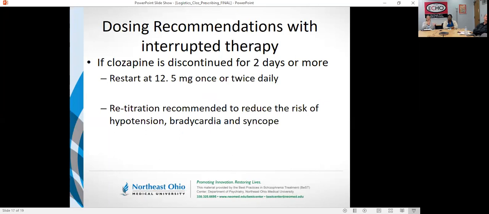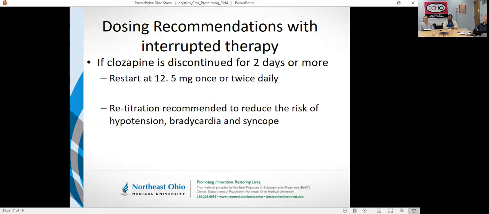They may have started at a lower dose and slowly moved them back up. That has been reported in clinical practice. There are no recommendations regarding that in the evidence. So all of the package inserts recommend that if therapy is discontinued for 2 days or more, start back at the beginning.